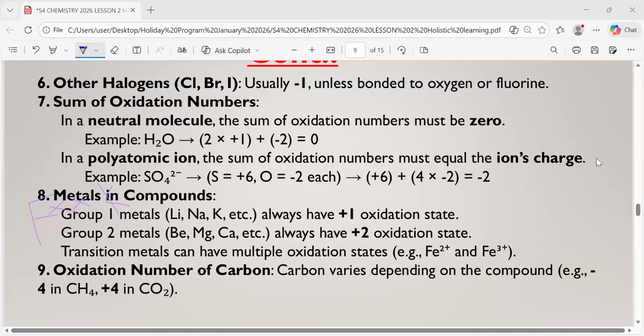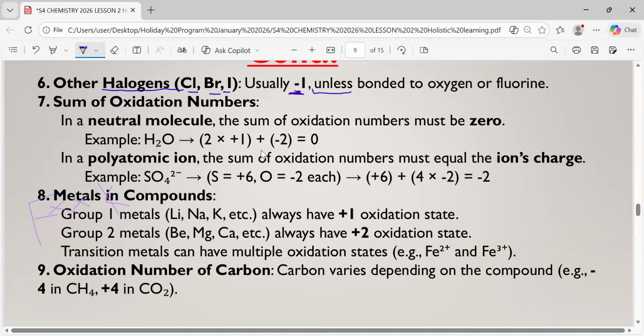So they're saying that other halogens like chlorine, bromine, and iodine usually have also -1, unless they are bonded to oxygen or fluorine. Those are 2 areas where it can be different. And when it is with oxygen, we have already seen that oxygen bonded with fluorine, it becomes different. Those are things that we need to just note down.